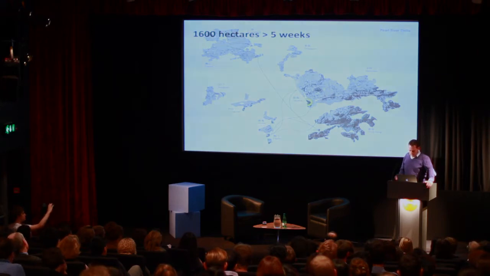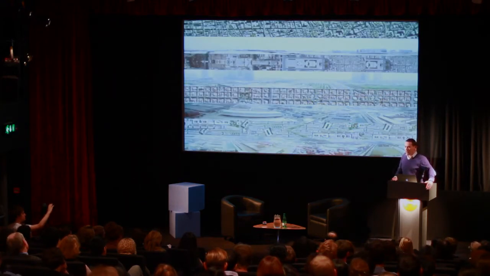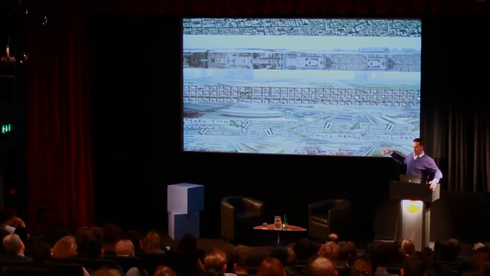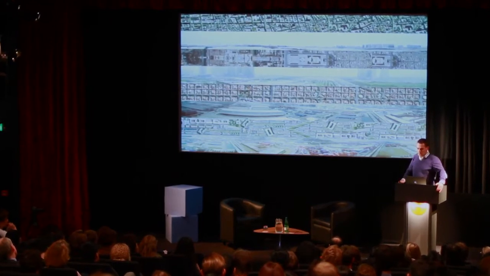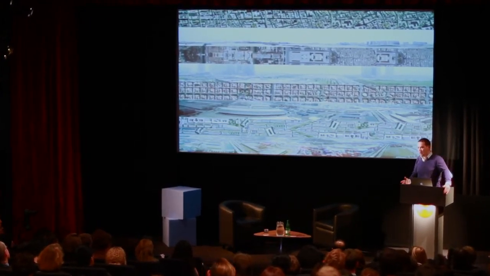So what we proposed was to not erase everything that was already on the site, which often happens in China, but literally take stripes of the existing and plan in between, so that you could connect the new to the old and to the history of a city that grew over 30 years.